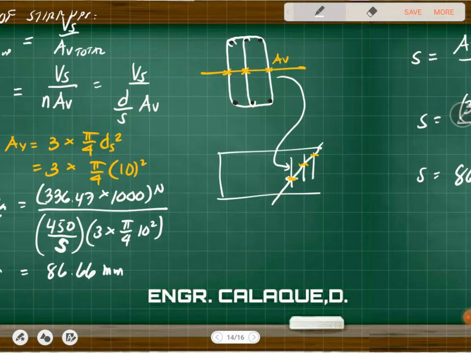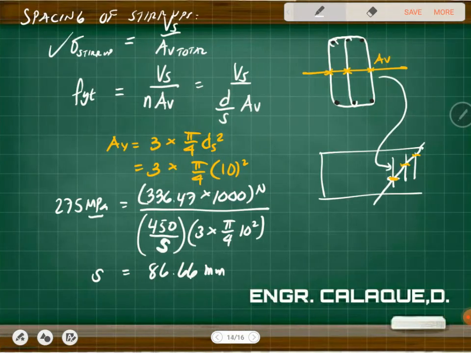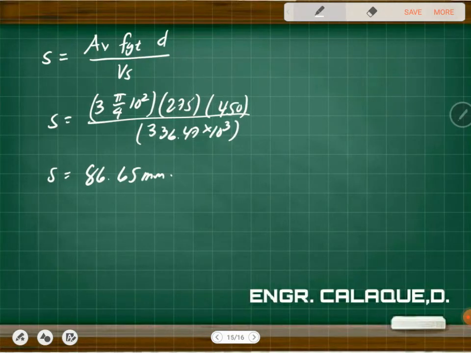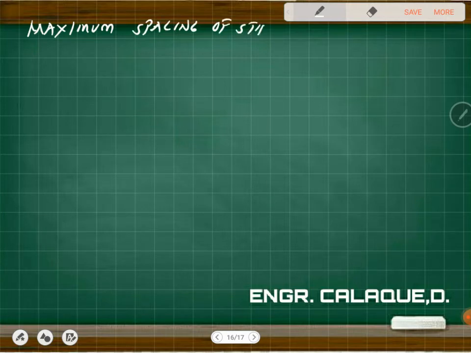Next natin kukunin is, so, dito is, yung kinocompute natin is value of VC. Okay, okay na yan. Punta tayo dito sa maximum spacing of stirrups. Okay, so kunin ko lang yung twice ng VC.